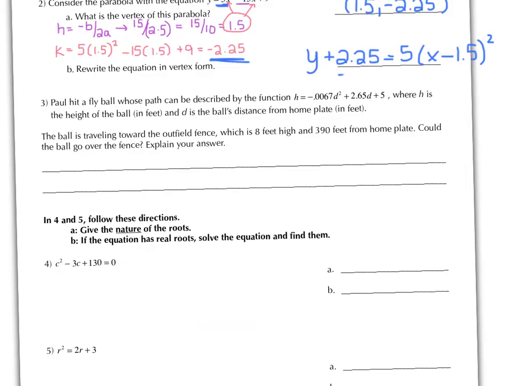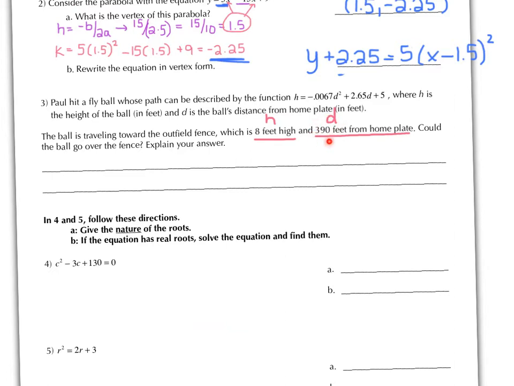So when I look at what we know, the fence is 8 feet high and 390 feet away from home plate. So the 8 feet high is like your H, and the 390 is like your D. Okay? And so I have two choices. I could either plug in the H value and then figure out how far away the ball will be from home plate when it's at that height and decide if it'll be past the fence or before the fence.